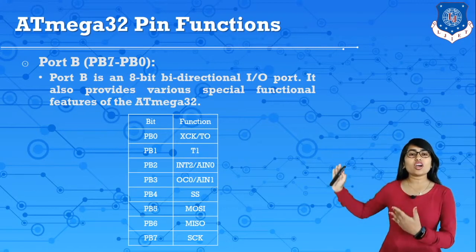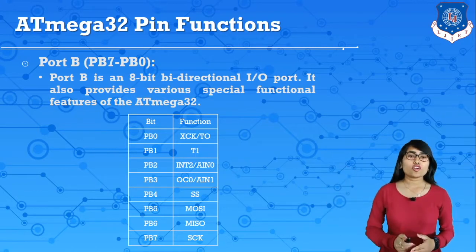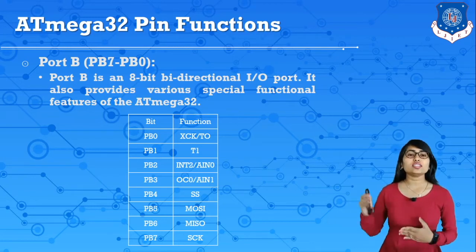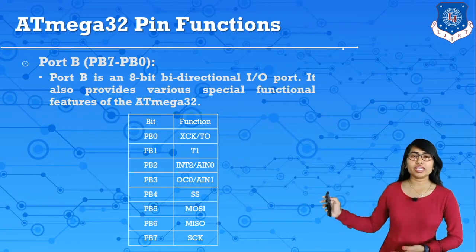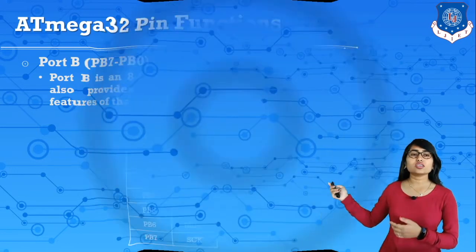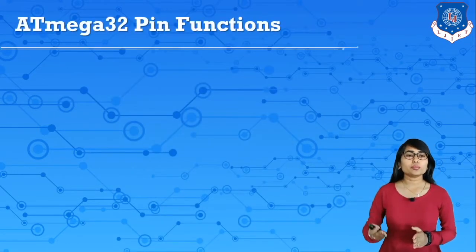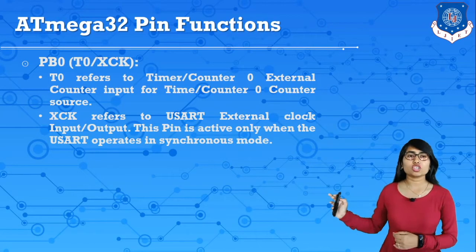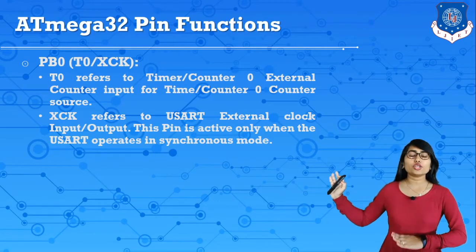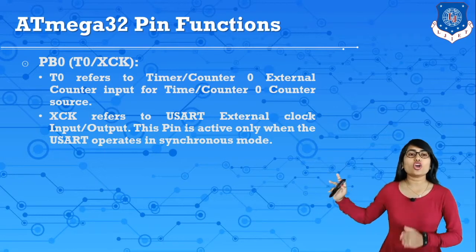Here all the functions are listed for ATmega32 port B. Let's discuss all the functions related to port B one by one. First, for port B0, that is PB0, it has two functions, either T0 or XCK.